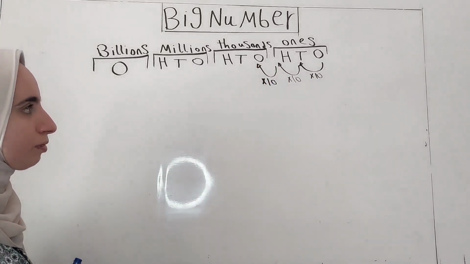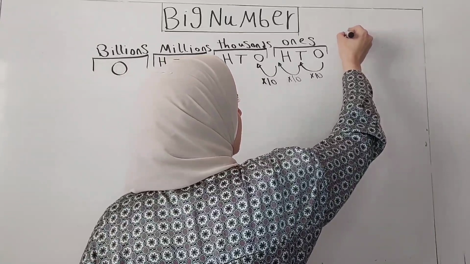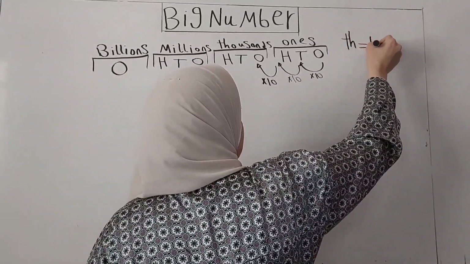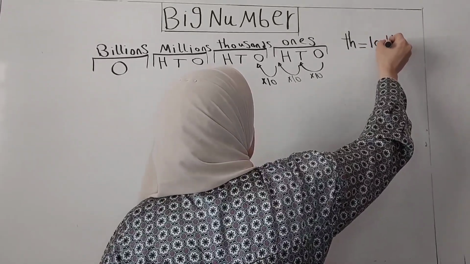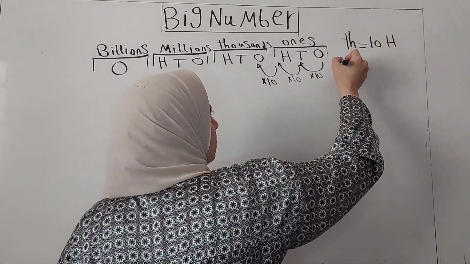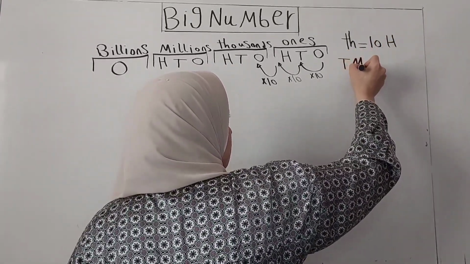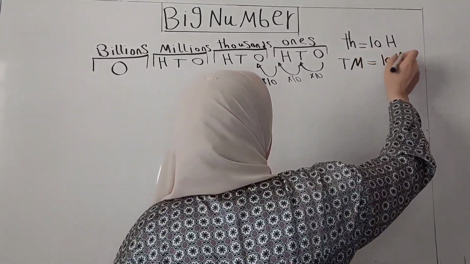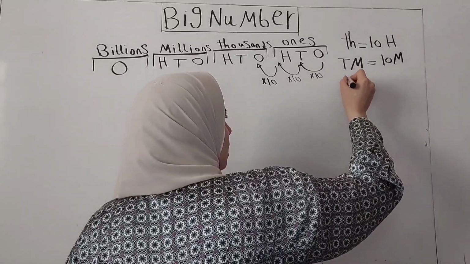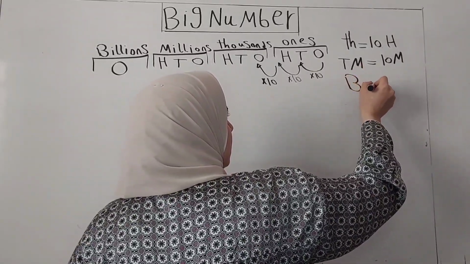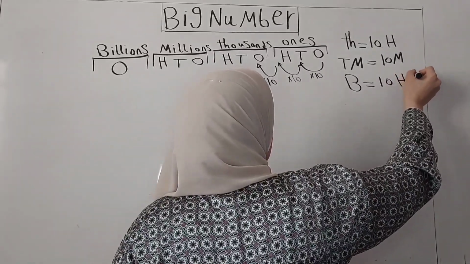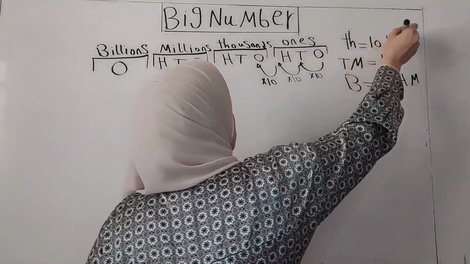So, 1000 place equals 10 hundreds place, and 10 millions place equals 10 millions, and billions place equals 100 millions, and so on.